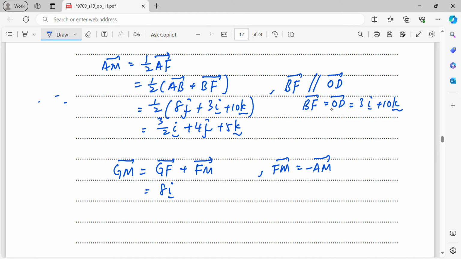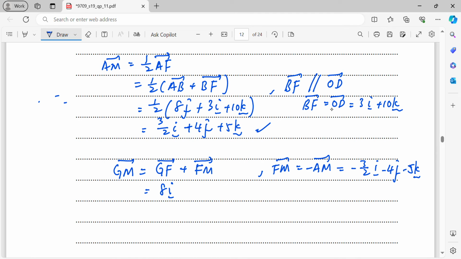Okay, AM we have found just now. This is your AM. That means now I will just write negative 3 over 2I, negative 4J, negative 5K, because you times negative to your AM.